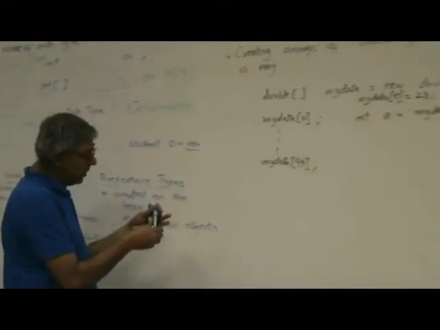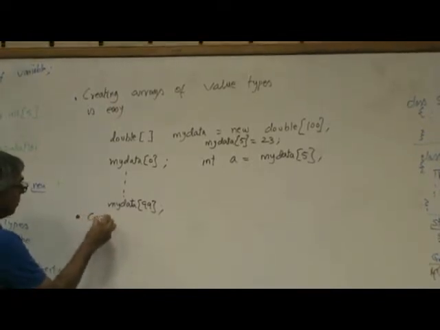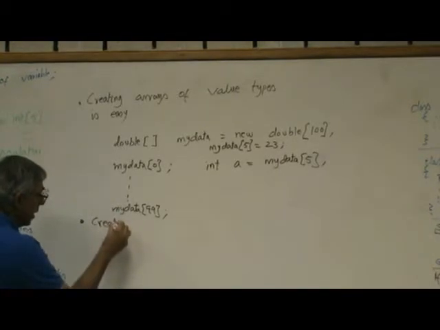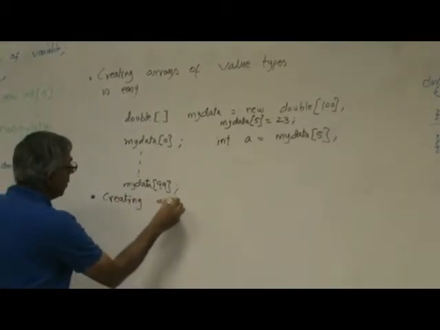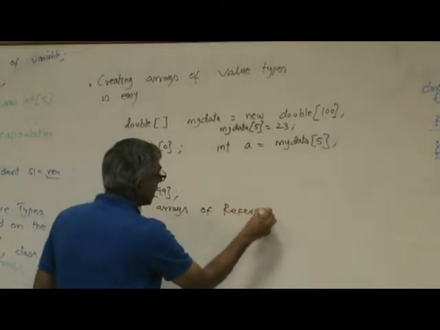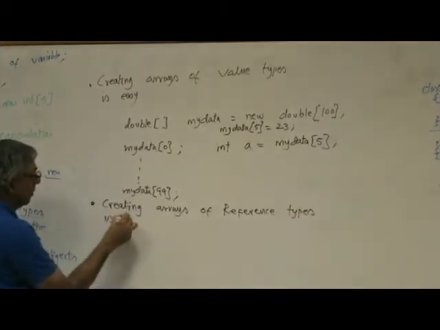That's why you should be very careful when you are creating arrays of reference types. It is tricky.